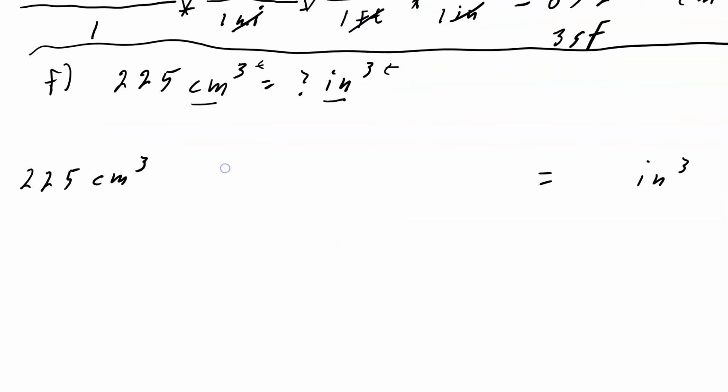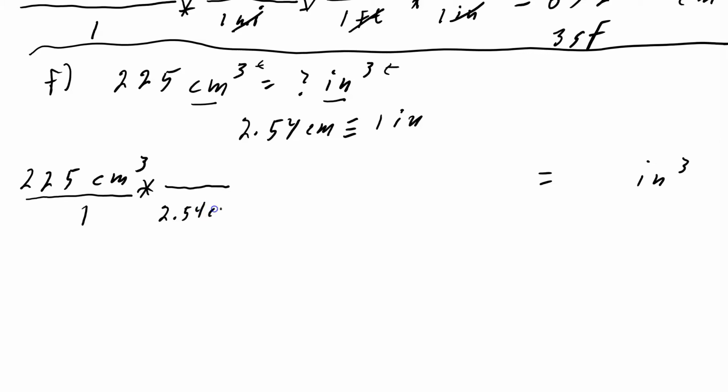So we're going to use that again. 2.54 centimeters equals 1 inch. Notice I've got the triple equal sign because this is an exact conversion. Now, because we want our centimeters to cancel, I'm going to put centimeters downstairs. So I'm going to have 2.54 centimeters downstairs, and I have 1 inch upstairs.